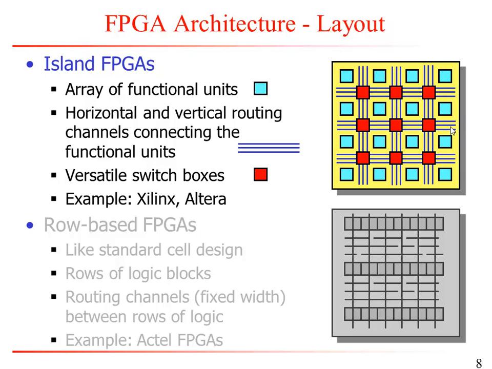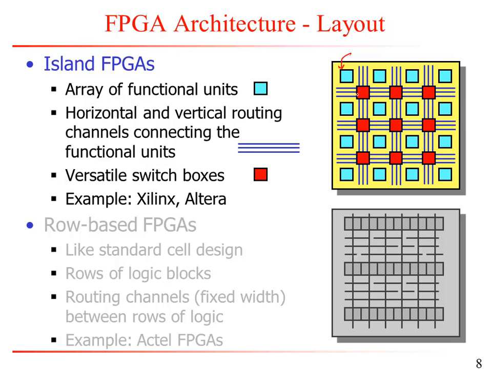And in terms of the layout, this is a simplified cartoon of what FPGAs look like, and the most prevalent architecture is the two-dimensional island-based FPGAs. Essentially, you have an array of functional units. These would be implementing things like AND gates, XOR gates, adders, and stuff like that.